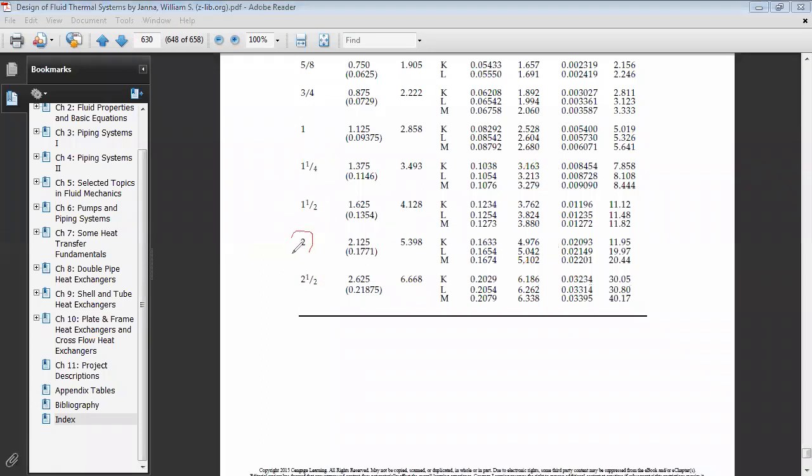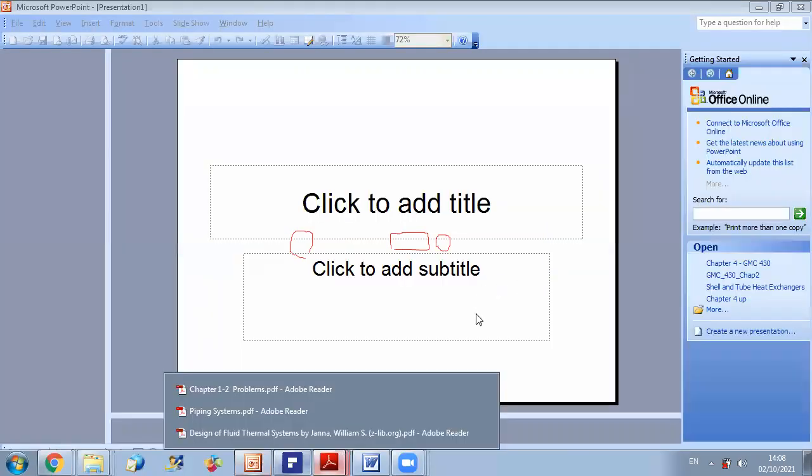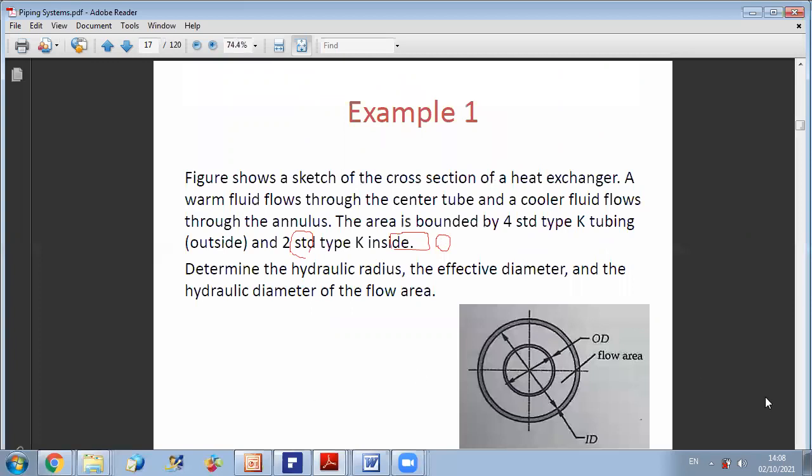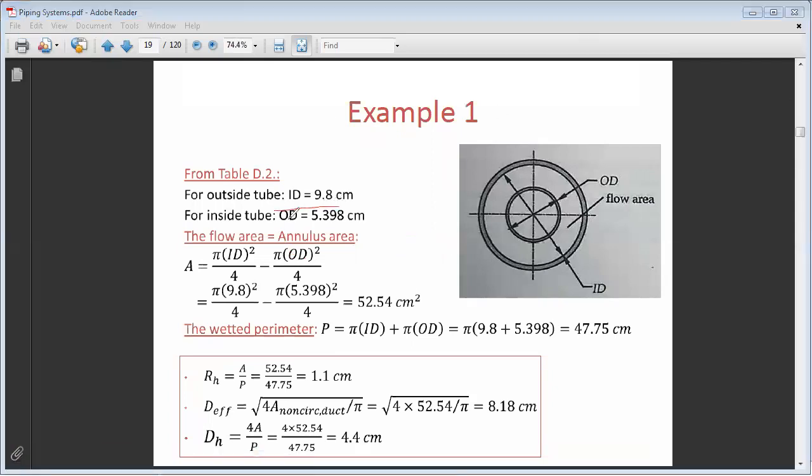This is standard 2 type K. We need now the outside diameter, which is 5.398 centimeters. So this is the information we got from the table. Then now we can go back to the problem. These are the values we selected together for the outside tube and for the inside tube.